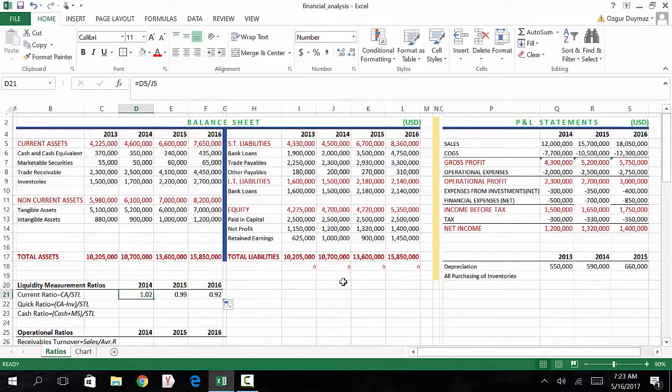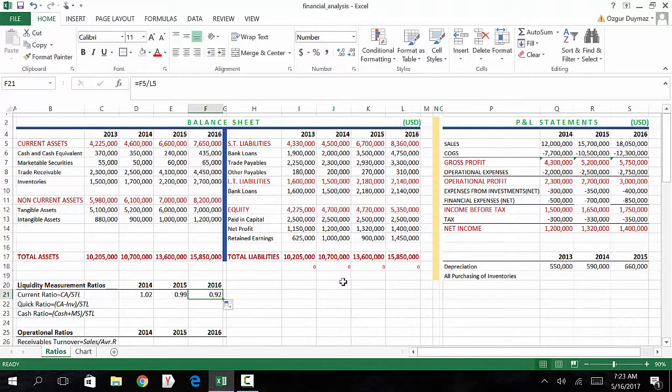If you look at 2014, it's almost the same: current assets and short-term liabilities are nearly the same amount. It's almost 1. And next year it's decreasing, and after that year it's decreasing more.